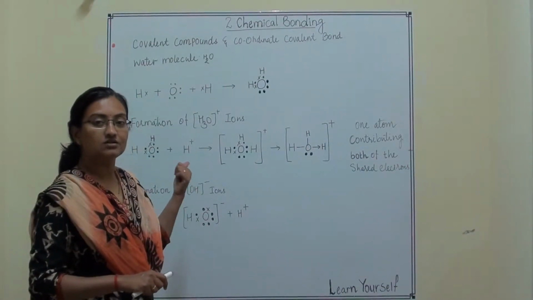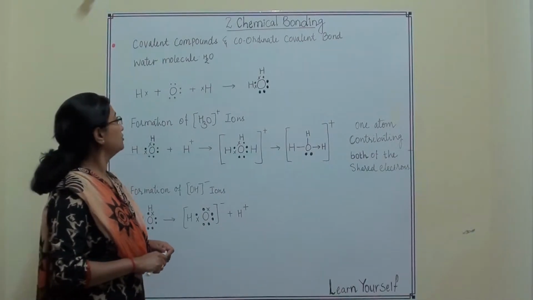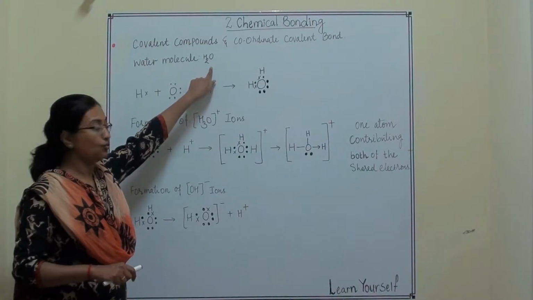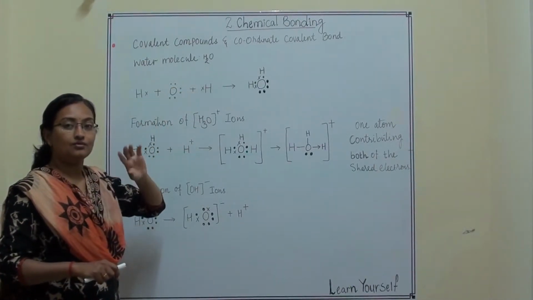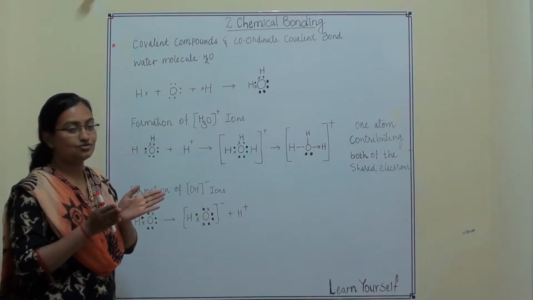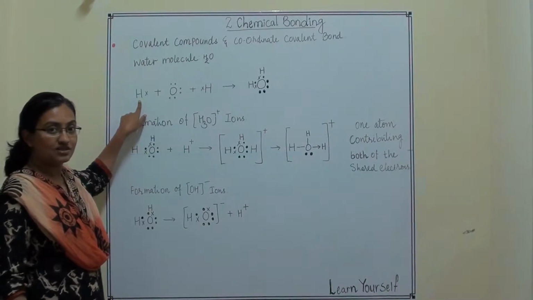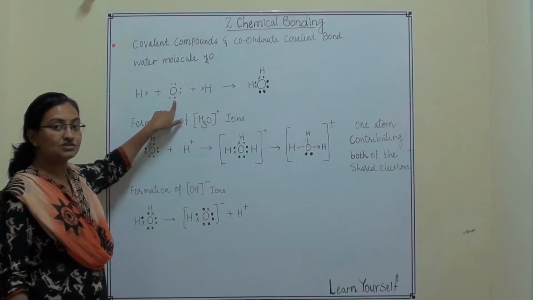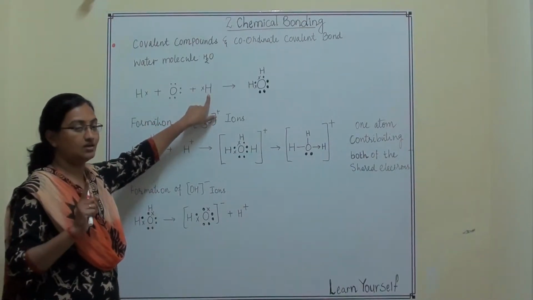Now we will see another example of a covalent compound, that is the water molecule. The water molecule's molecular formula is H2O, and it forms 2 covalent bonds with 2 different hydrogen atoms. So one hydrogen atom has 1 valence electron, the oxygen atom has 6 valence electrons, and the other hydrogen atom has 1 valence electron.